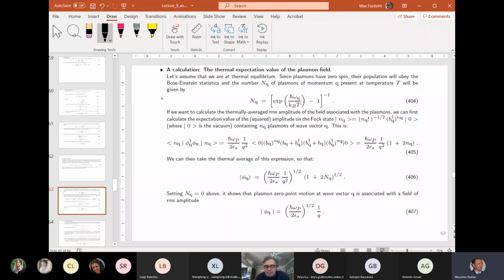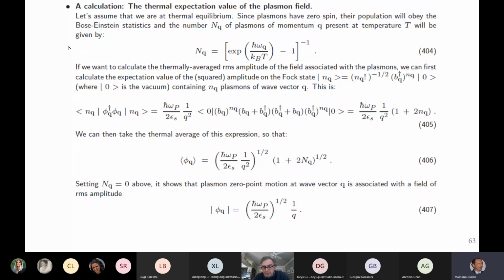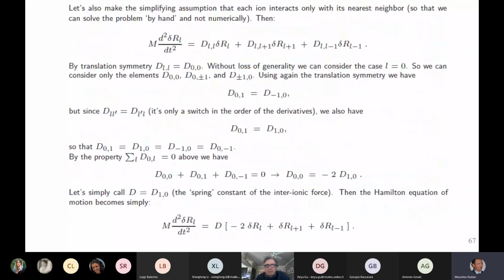Yes, please. I remember that in the quantization of the electromagnetic field, you start from the classical description of the energy, and then you play a trick because there are 3 independent expressions of the square of the field, depending on putting the momentum operator to the left or to the right.